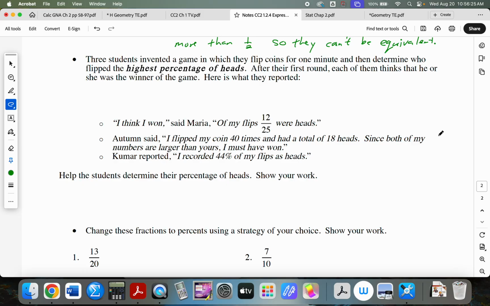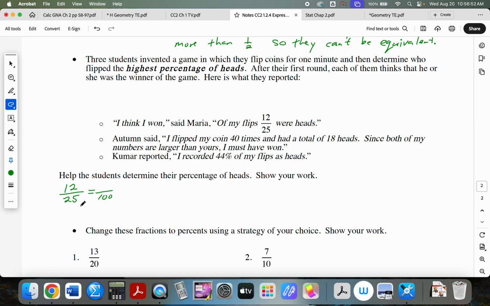So let's change these into a percentage. So if you're doing 12 out of 25, a percentage is a portion out of what? 100. To get the 100, what should we do? You guys know the rule, yes.